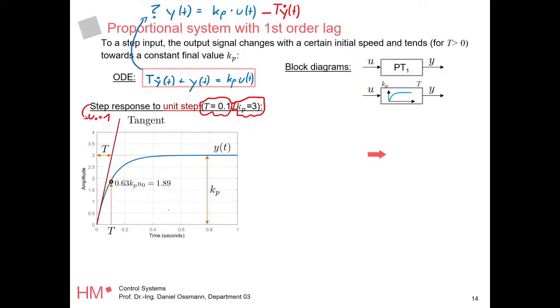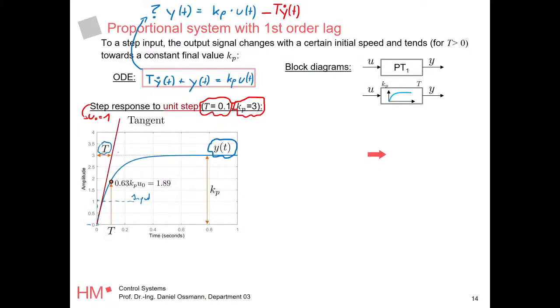Okay. So what do we see here? Here you actually see what happens. Instead of the output y being immediately equal to the input, which is 1, this is the input, we need some time to go up. If you put in the tangent here, you realize that this is exactly the time constant.